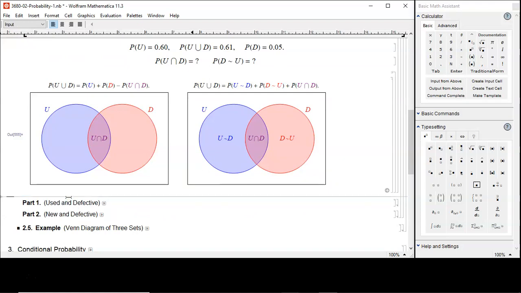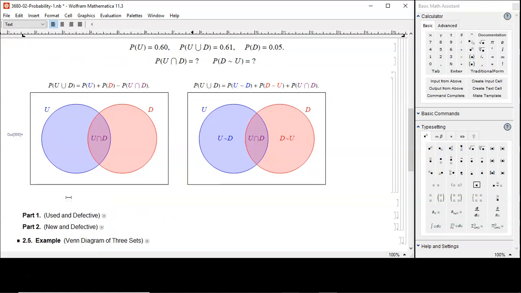So let's see, can I do it here? Blue is 60%. And this red is 5%.